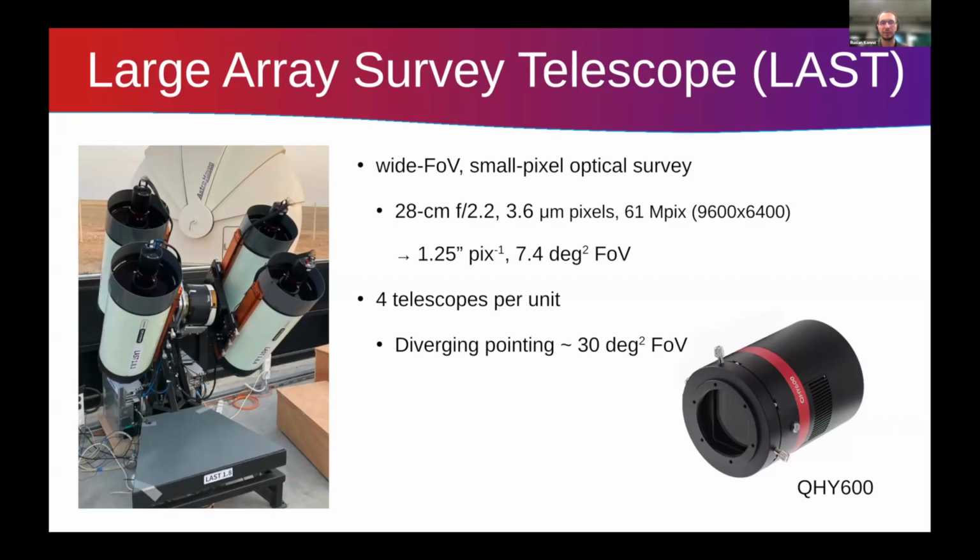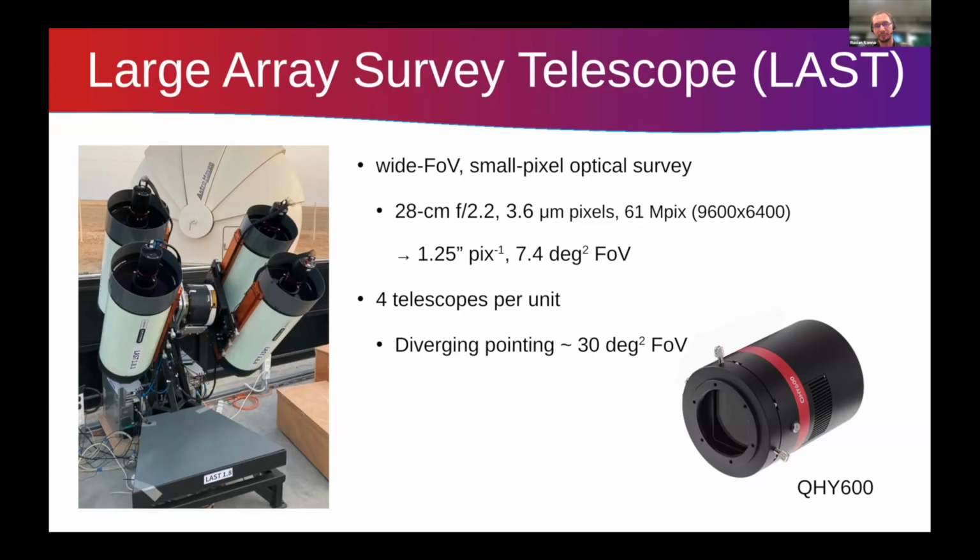LAST uses these Raptor telescopes. These are 28 centimeter f/2.2 telescopes with a camera that has 61 megapixels and 3.6 micron pixels. So this gives us together a pixel size of 1.25 arcseconds per pixel and 7.4 square degrees per telescope.